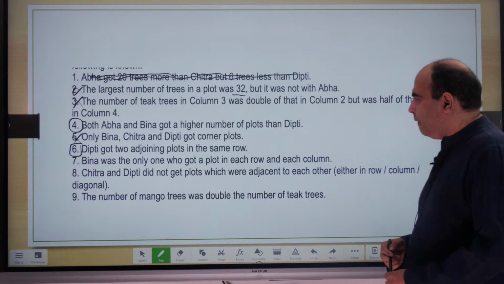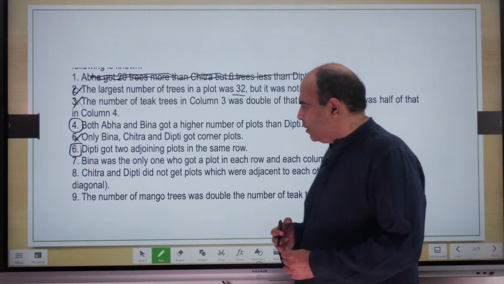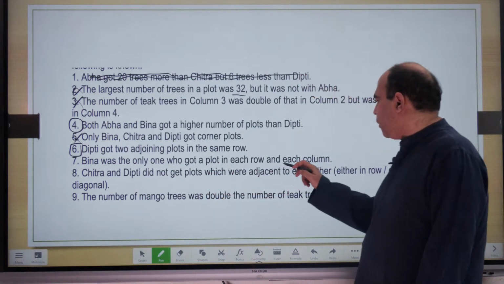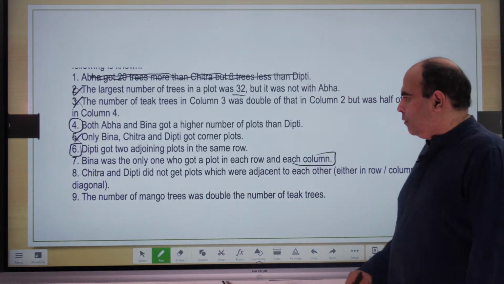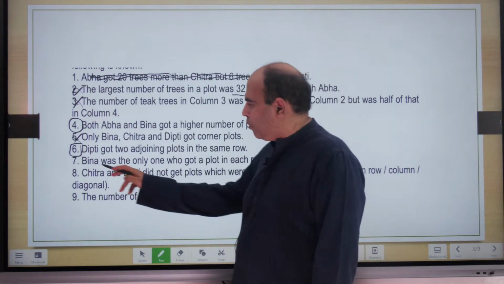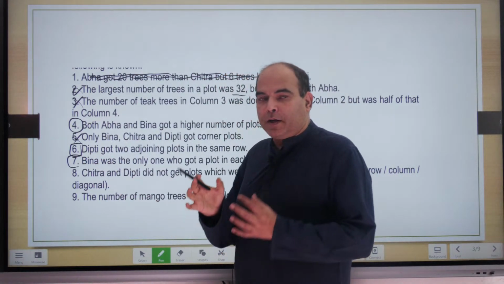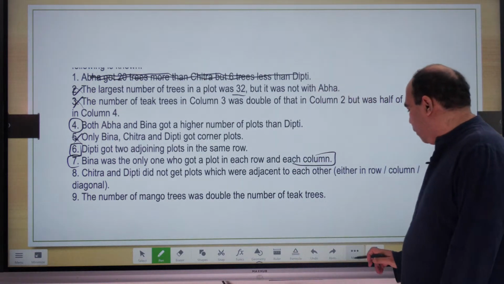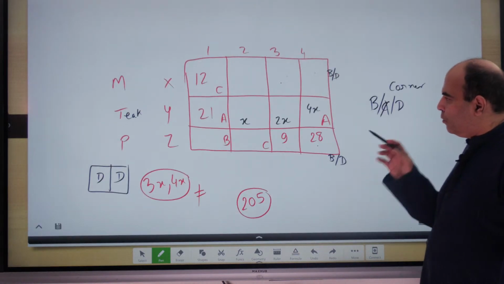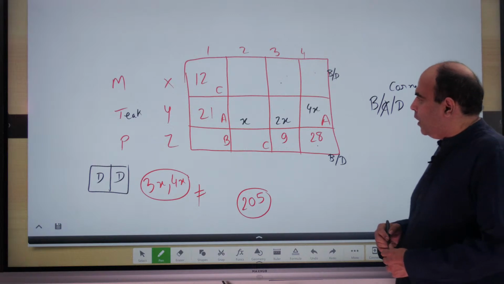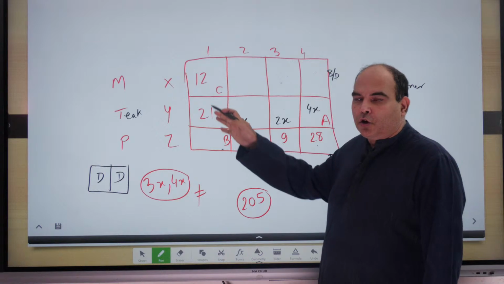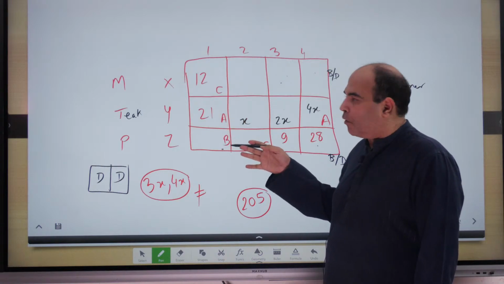And then the 7th clue: Beena was the only one who got a plot in each row and each column. So that means Beena has got a plot in every row and every column. So if I go into my picture, I have to put a Beena here. She's already here. This first column is already determined about who's getting what plot.